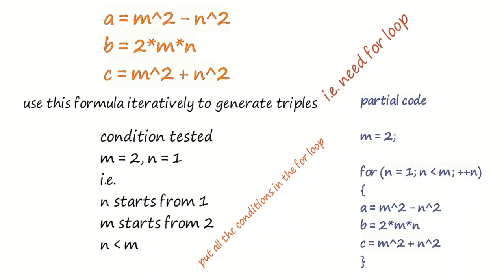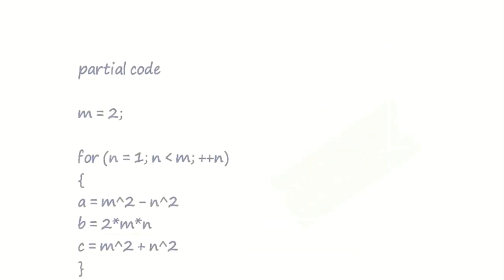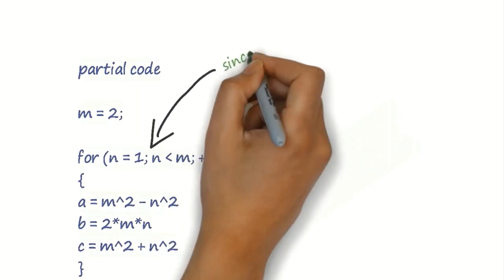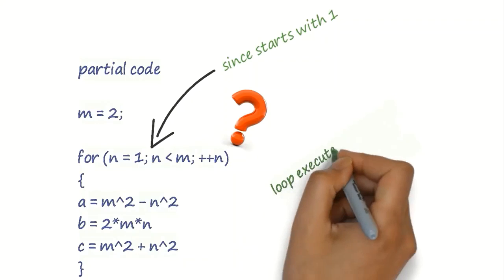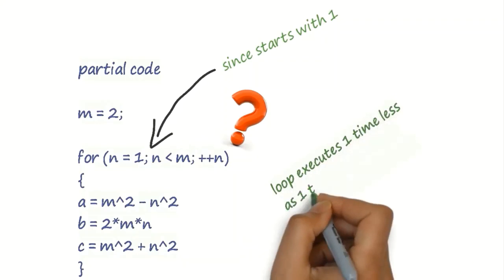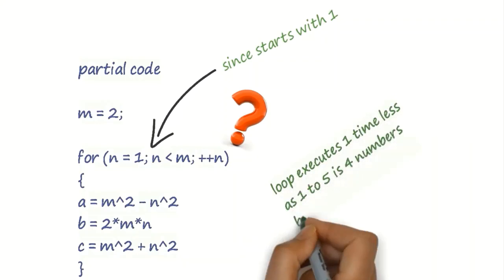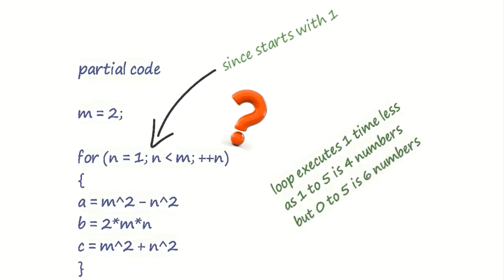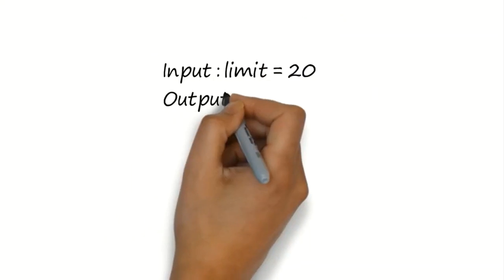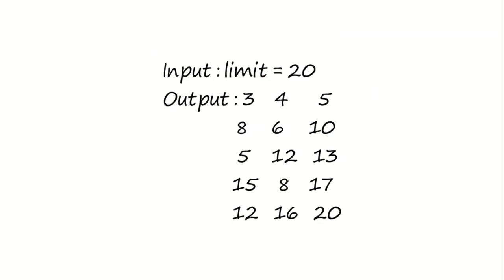See, this is your partial code. One thing I want to mention about this loop is why it is plus plus n. Remember, since n starts with 1, I need this loop to be executed one time less, as 1 to 5 is 4 numbers and 0 to 5 is 6 numbers. We have to generate the triples within the limit 20.